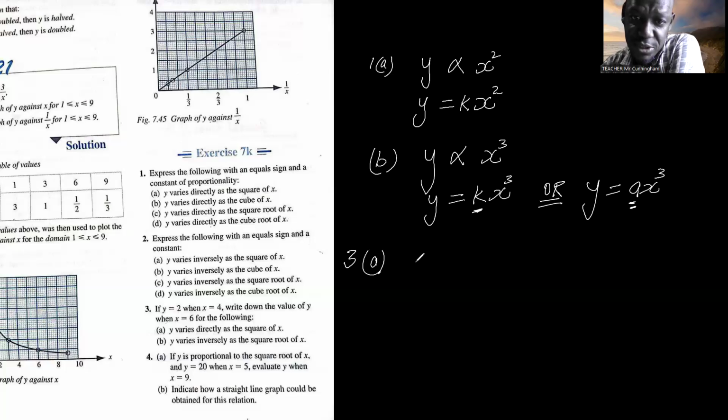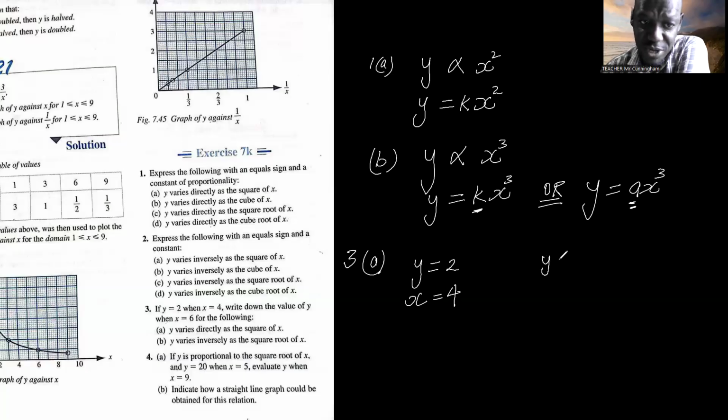So y is equal to 2 when x is equal to 4. All right, continue. Write down the value of y when x is equal to 6 for the following. So we want the value of y when x is equal to 6.